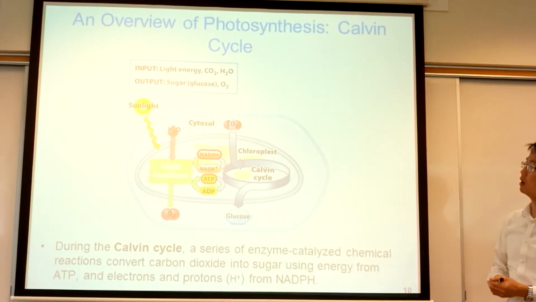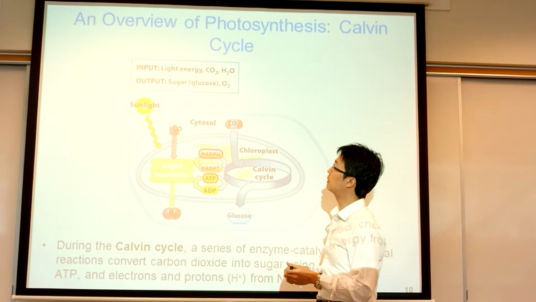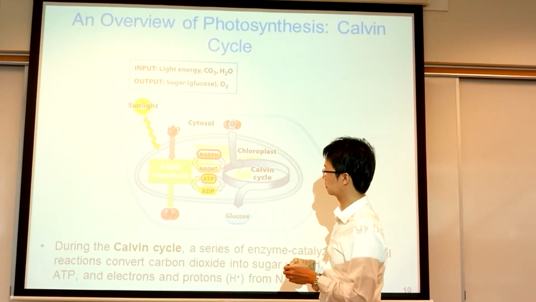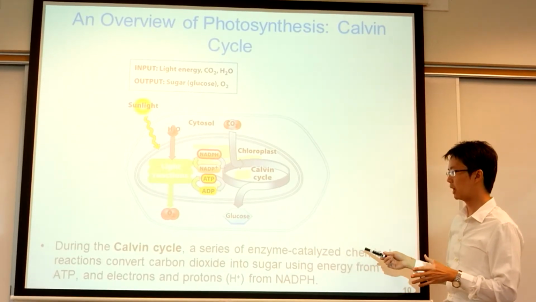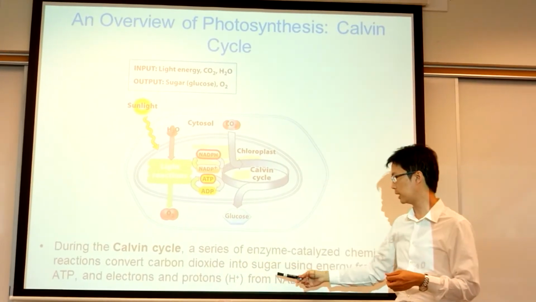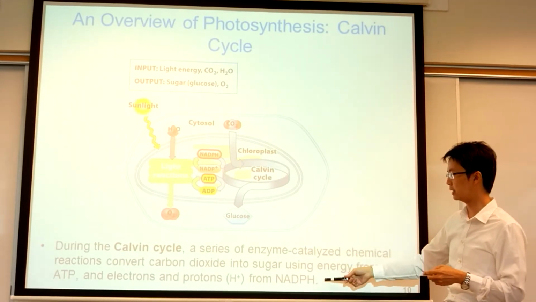The overview of the Calvin cycle is also very simple. You have a chemical reaction that converts and reduces carbon dioxide into sugar, using the energy from ATP and NADPH.